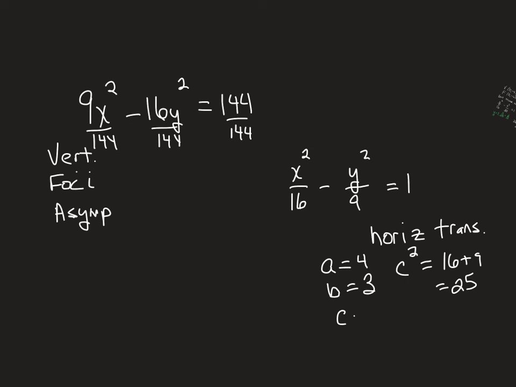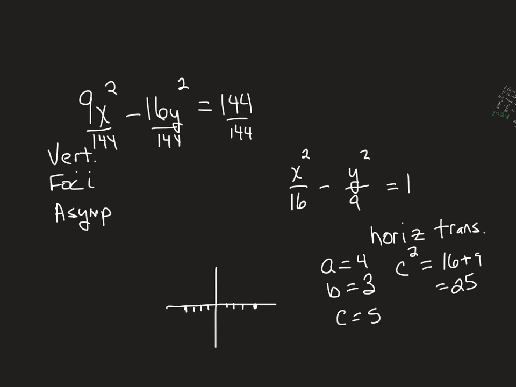So c is 5. If you don't want to remember formulas, we've already said that we have a horizontal transverse axis. If this is our center, we're going to have a vertex at (4, 0) and (-4, 0).